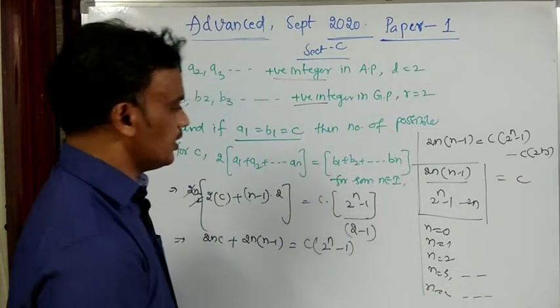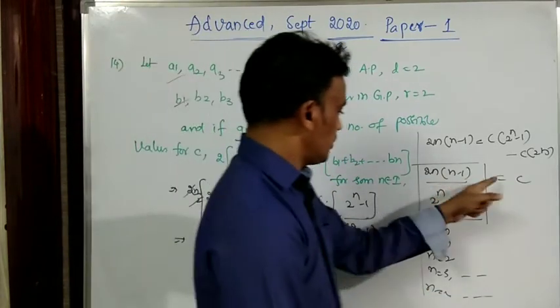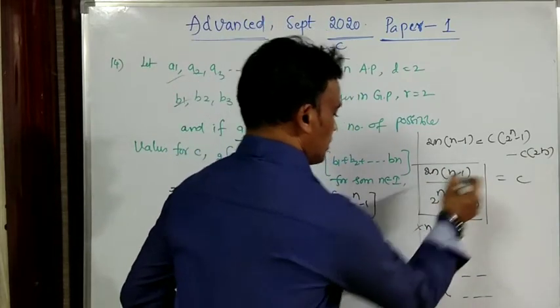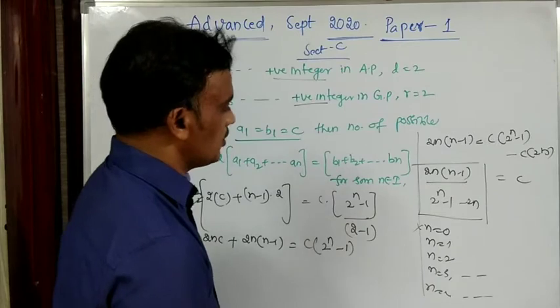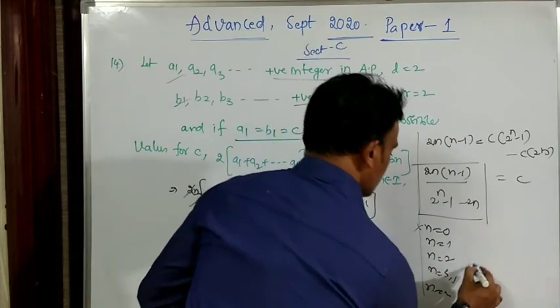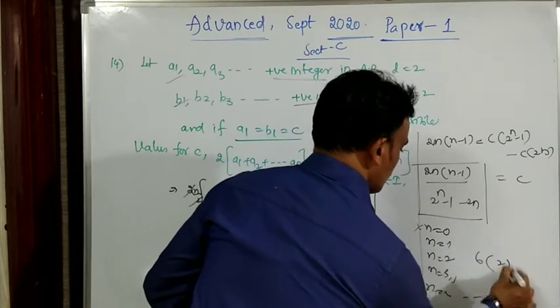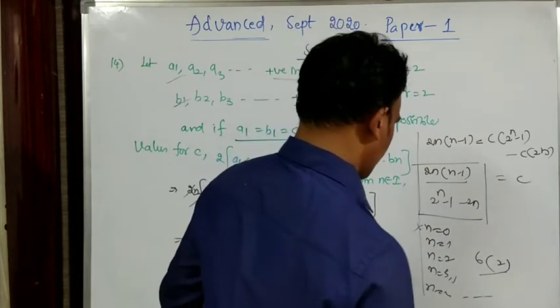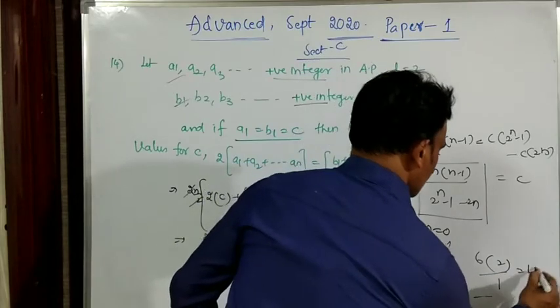So first of all take n equals 0. For n equals 0, c becomes 0. Then n equals 1, n equals 2, and n equals 3. Take n equals 3: 2 times 3 is 6, 2 power 3 is 8, minus 1 is 7, 7 minus 6 is 1, so it is 12.